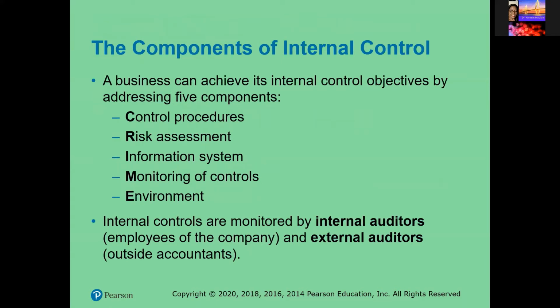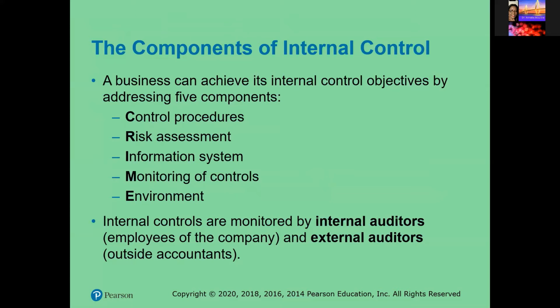A business can achieve its internal control objectives by addressing the following 5 components that you see here. And you see the acronym CRIME. 5 components. One is control procedures, risk management, information systems, monitoring of controls, and environment.